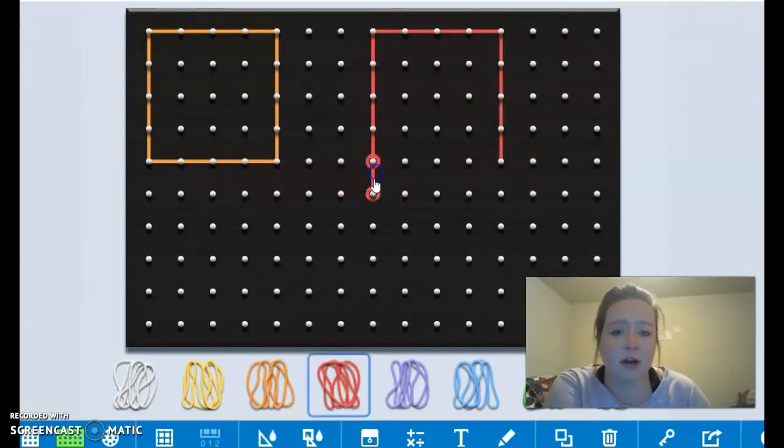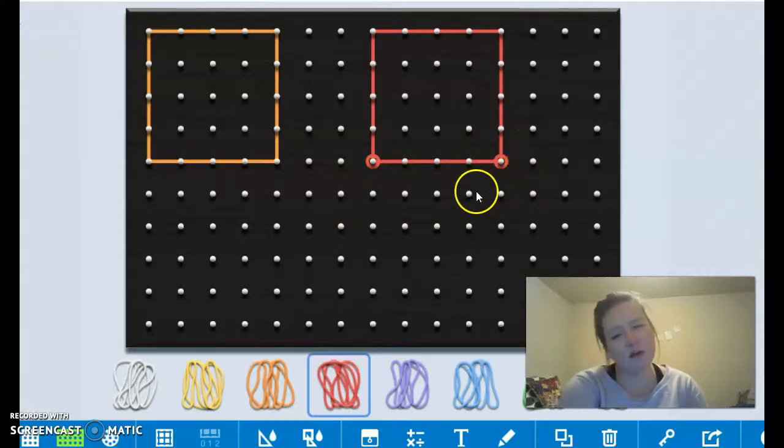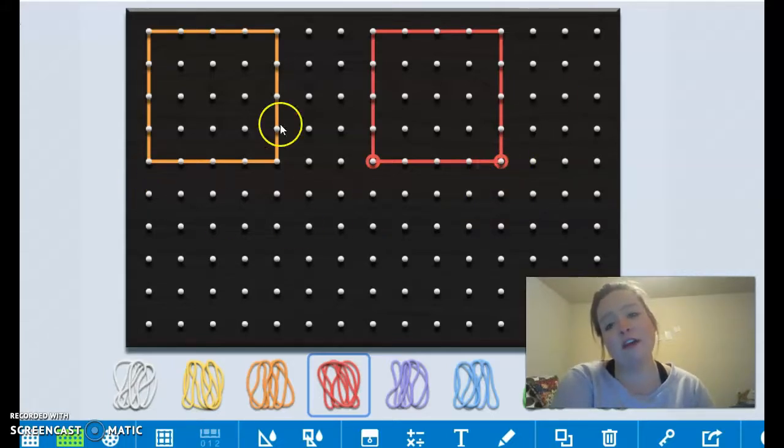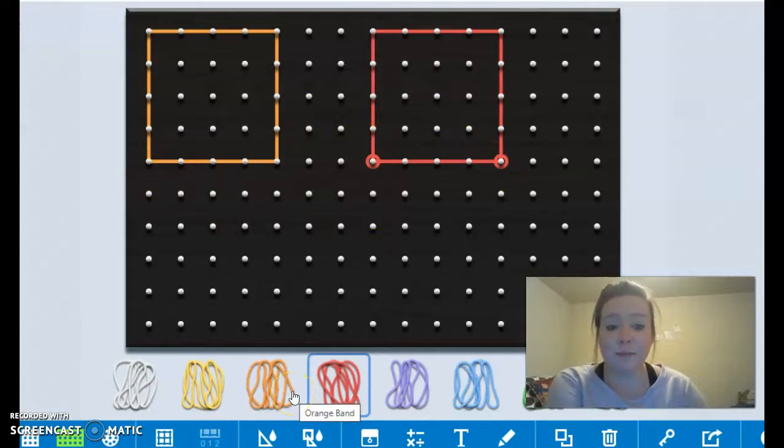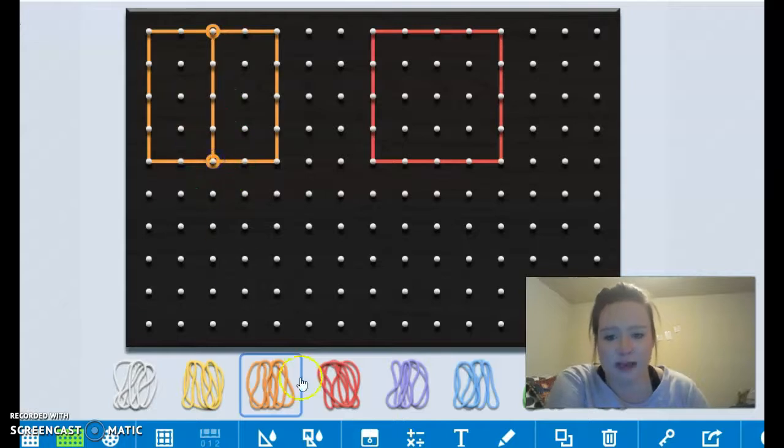Now, it's really important that when you're making your shapes, you have congruent figures, because if they're not congruent, then you're not going to be finding pieces or the area of pieces that are the same. Your figures have to be congruent. I can break up this square lots of different ways.